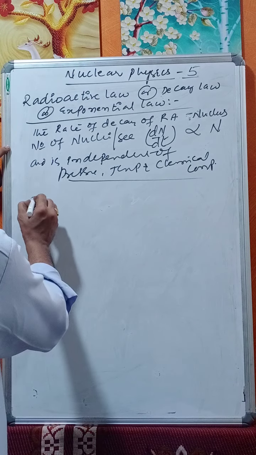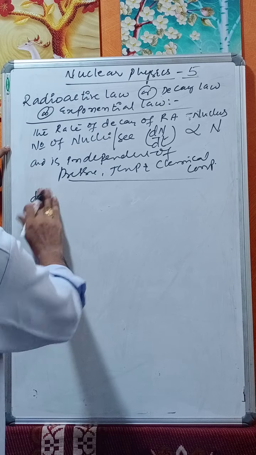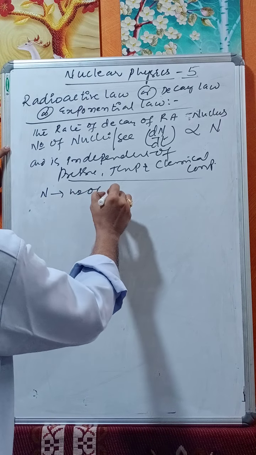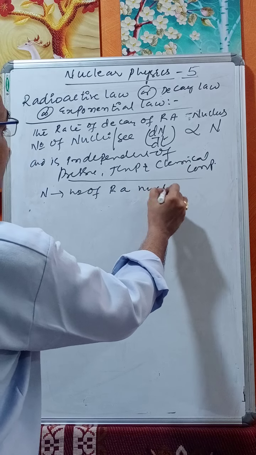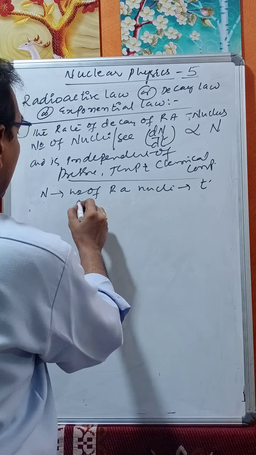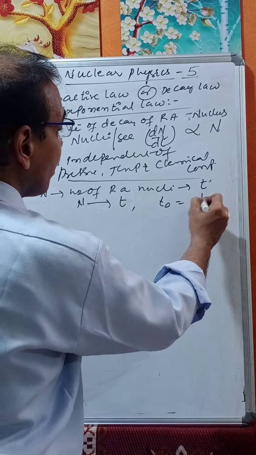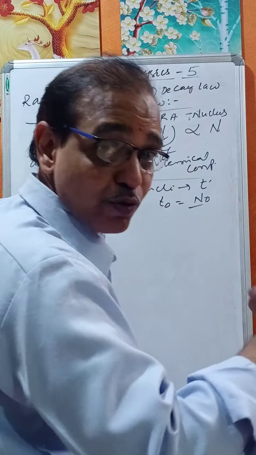Now let us say N is the number of radioactive nuclei present at a time t. Initially at t equal to 0, the number of nuclei is N naught. This is the maximum number of nuclei. As time increases, what happens?